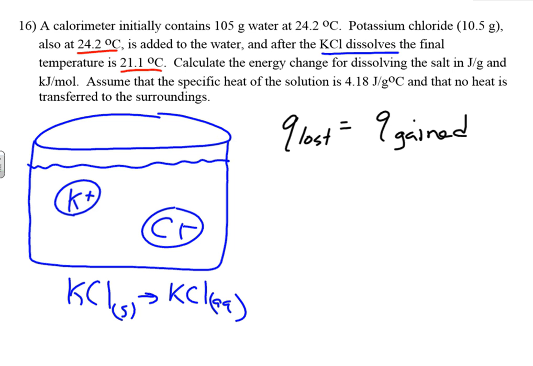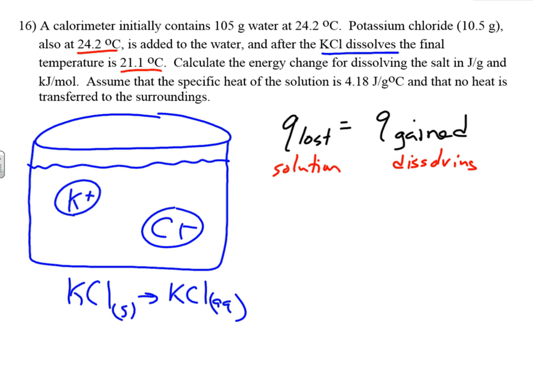And we've now identified that the thing that's losing the energy, where the temperature's going down, is our solution. If our solution lost energy, that means that the process, the dissolving itself, gained energy. And gained energy makes it an endothermic process.